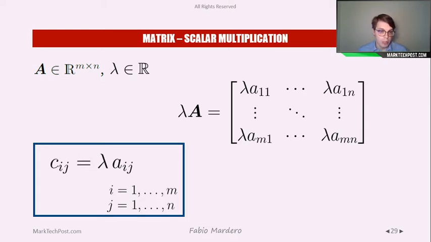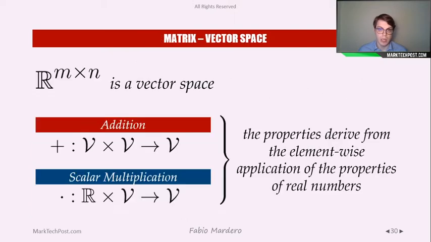As you probably already understood, we are defining the same operations that define a vector space. And that's the case because R^(m×n) is a vector space. As before, we have defined the two operations, addition and scalar multiplication. And the properties that define this vector space derive from the element-wise application of the properties of real numbers.